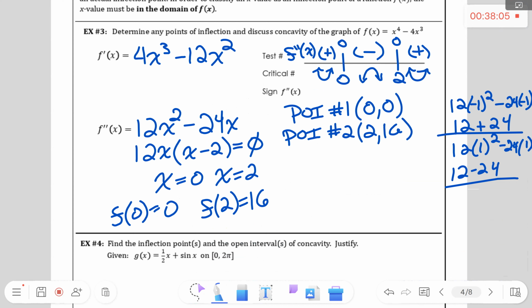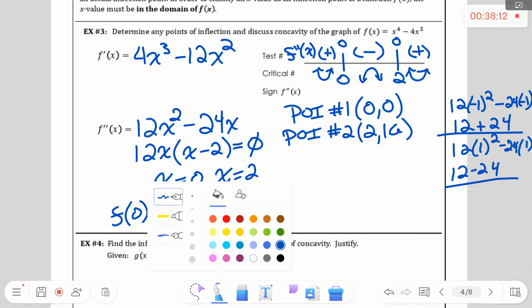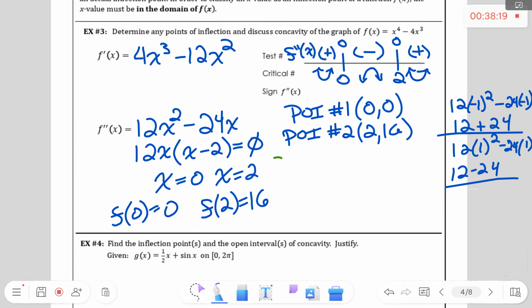So last piece is discuss concavity. Give me the intervals in which you're concave up, concave down. Let's do this in an abrasive color. We are concave up in what interval? -infinity to 0, and 2 to infinity.